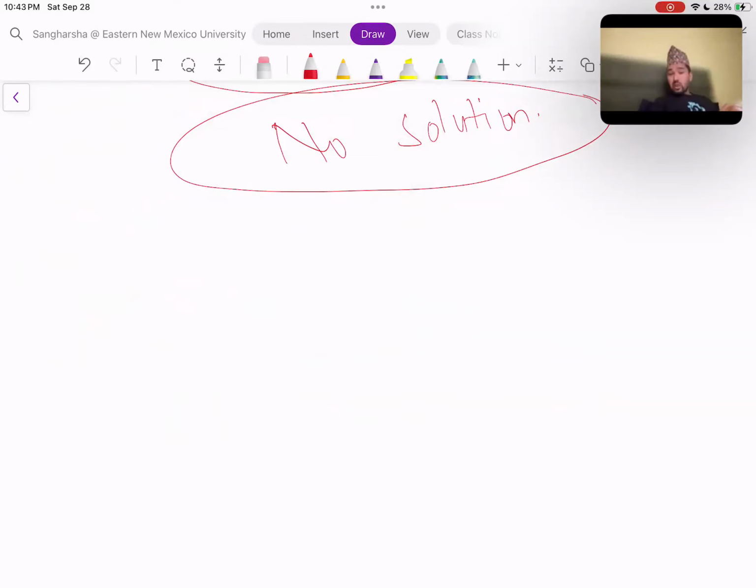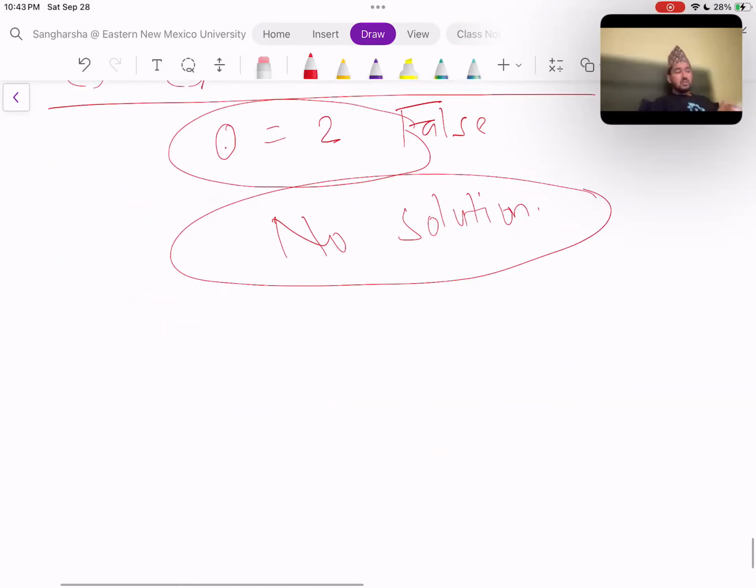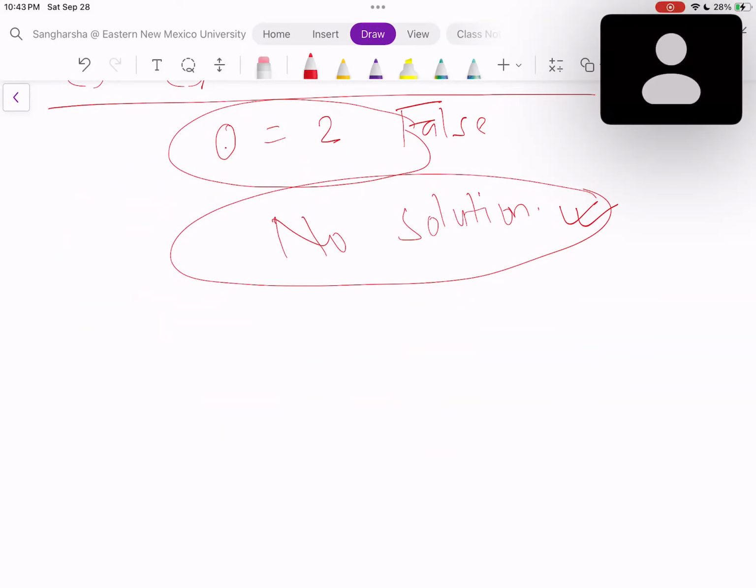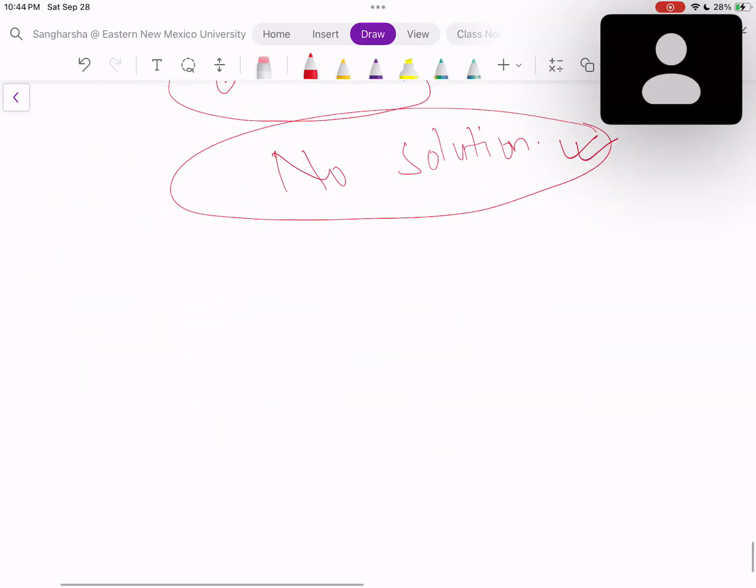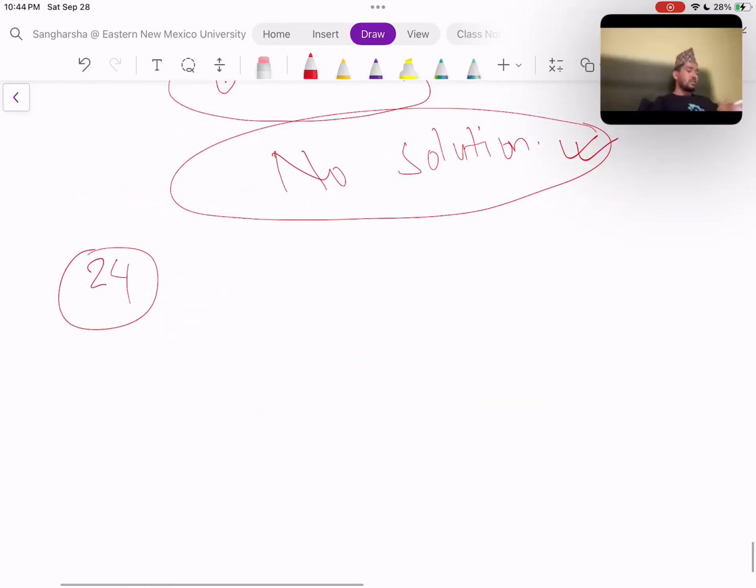Or do you want to try yourself? Do you want me to do number 20? It's not true that you always end up with no solution. You will get some values for x, y, and z. Can you do 24, please? Okay, let's do 24 now. Let's see what it looks like.